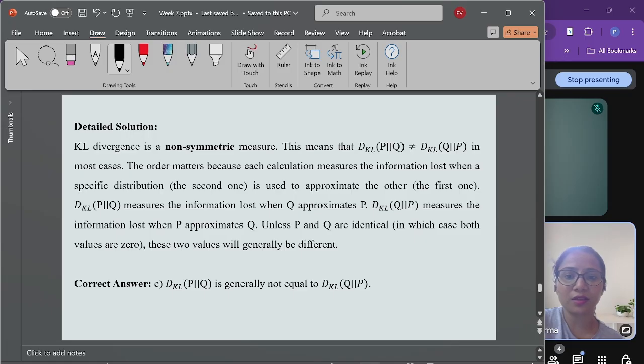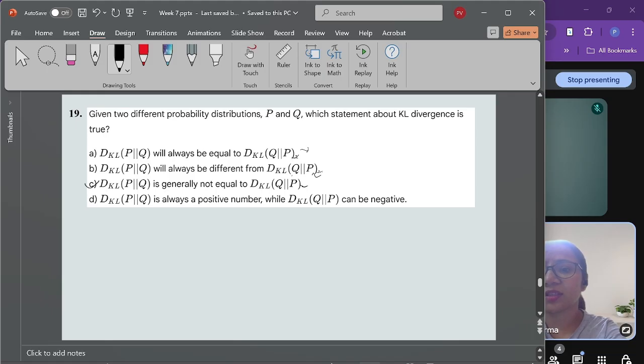In most cases the order matters, because each calculation measures the information lost when one distribution is used to approximate the other. D_KL(P||Q) measures the information loss when Q approximates P, and D_KL(Q||P) measures the information lost when P approximates Q. So the correct answer is C: D_KL(P||Q) is generally not equal to the KL divergence of Q||P.